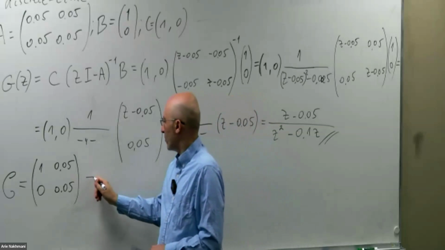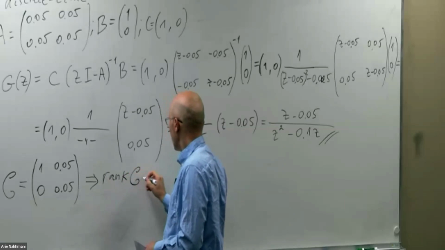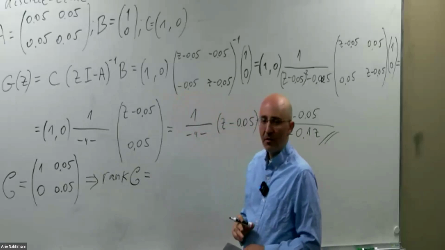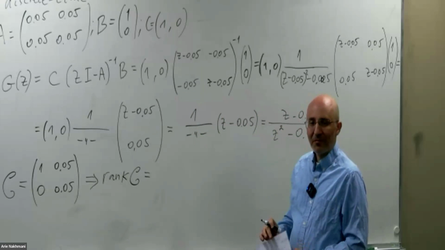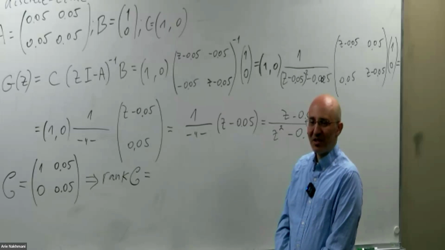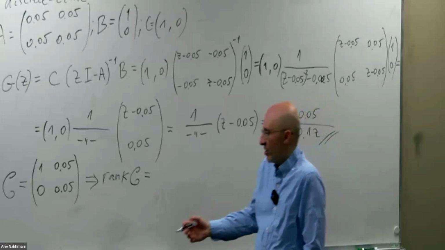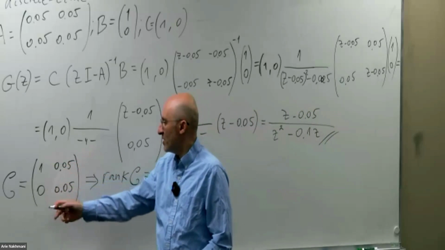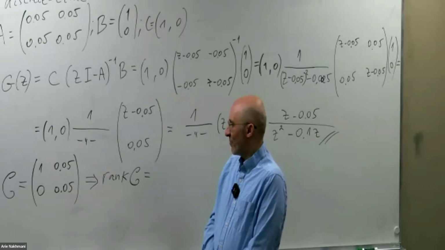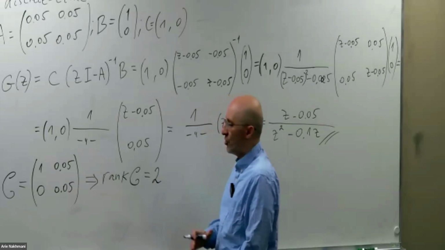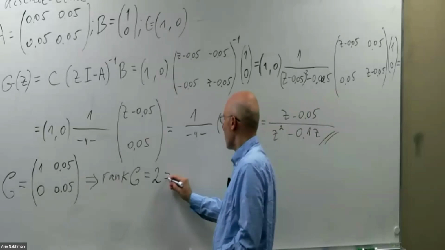Is it full rank? What is the rank of that matrix? For 2 by 2 matrices, it's very simple to check. You can compute the determinant, like 1 times something minus 0. So 1 times something is not 0, so it's definitely 2. Full rank. So it's controllable.